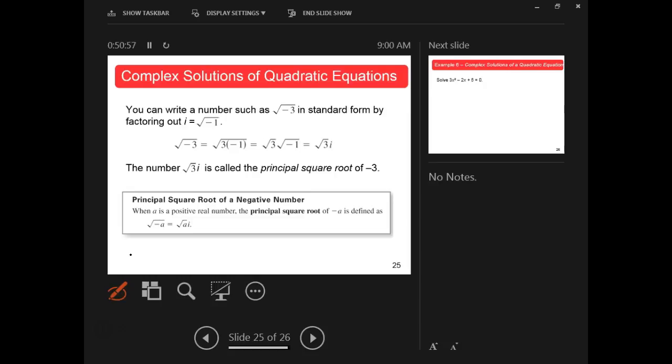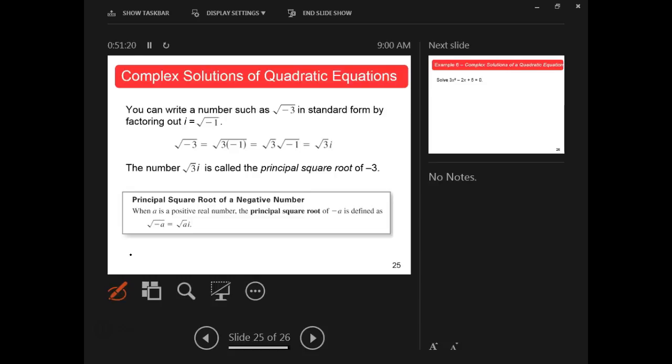That's not a real number. So how would you write that in standard form? No, the square root of 3i. I like to write the i in front: i times the square root of 3. So I'll factor this into -1 times 3. Square root of -1 is i, and the square root of 3 is root 3.